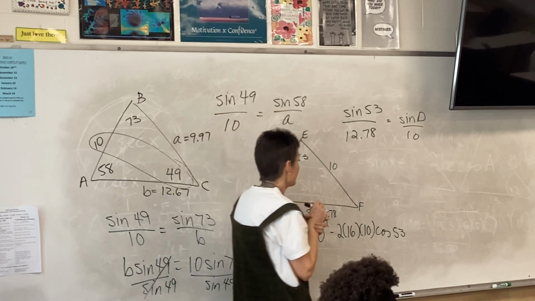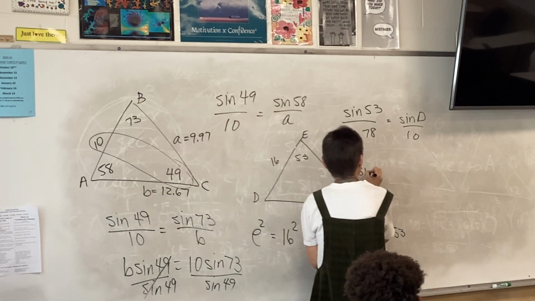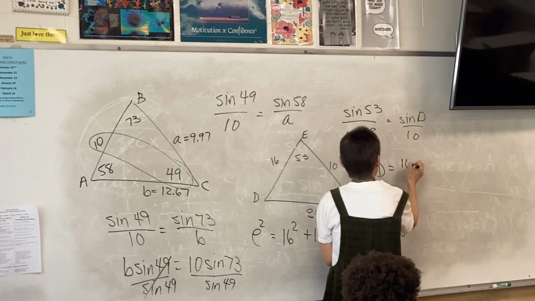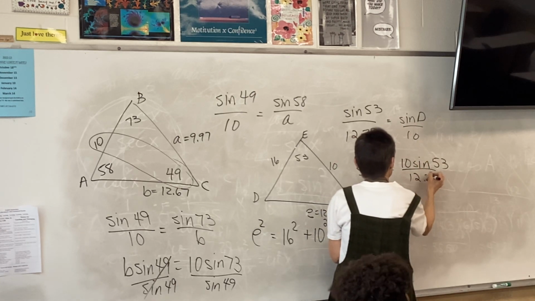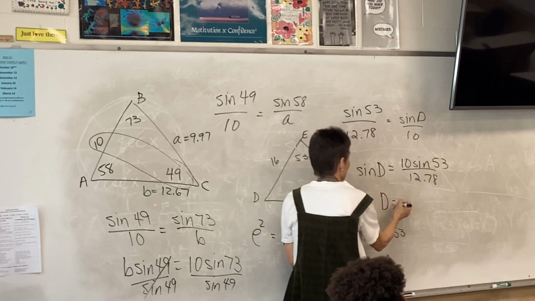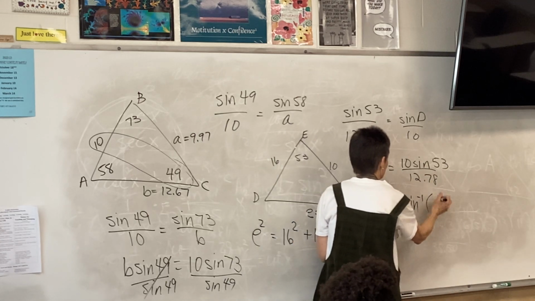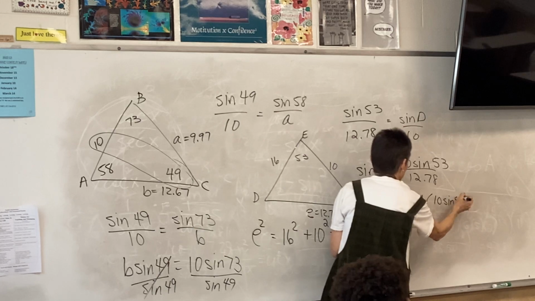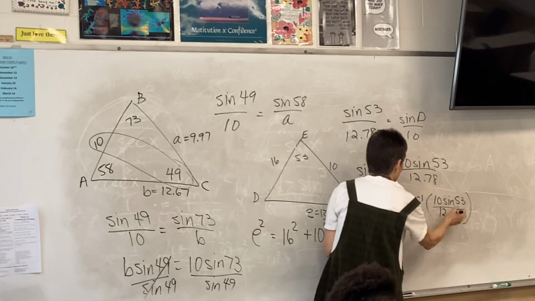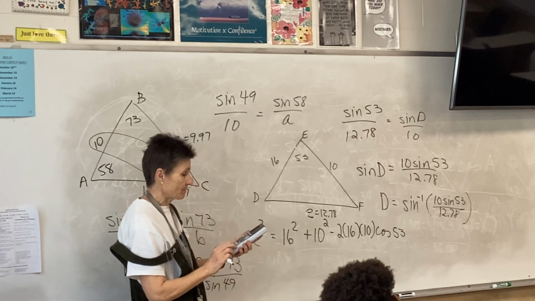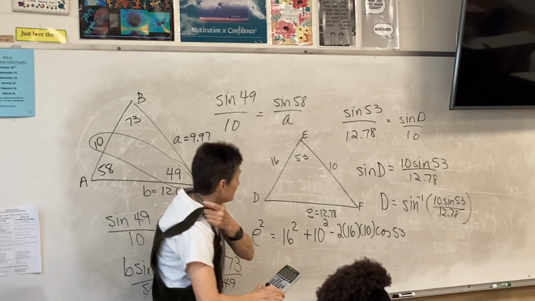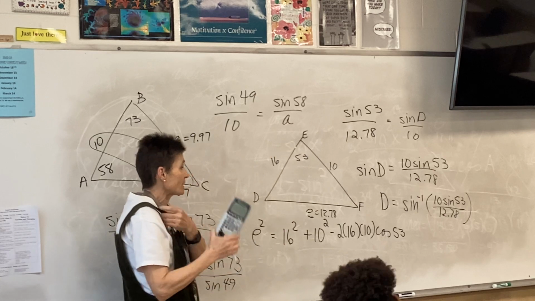So Kishad, this is going to be a situation where I am going to have to second, because look what I'm looking for. I'm trying to find angle D. That's when we have to second, whenever we need an angle when we're solving using our calculator.